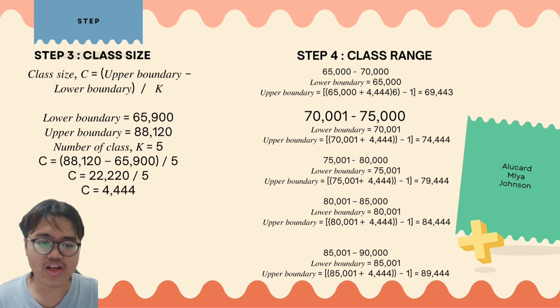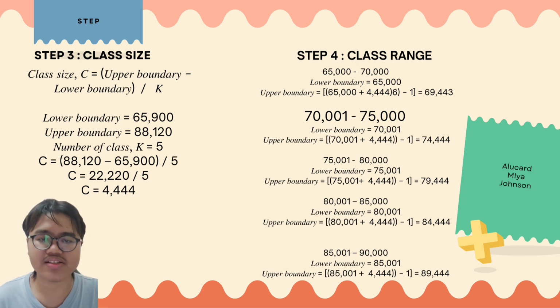We need to find the upper boundary, which, the formula is lower boundary plus 4,444 minus 1. So the first class is 69,443.